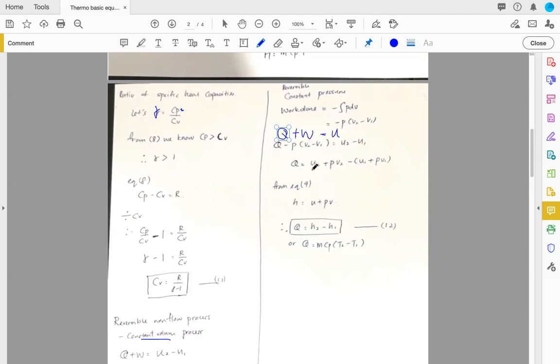And this arrangement is quite similar to the specific enthalpy equation, isn't it? So therefore, we can replace this as Q equals H2 minus H1.